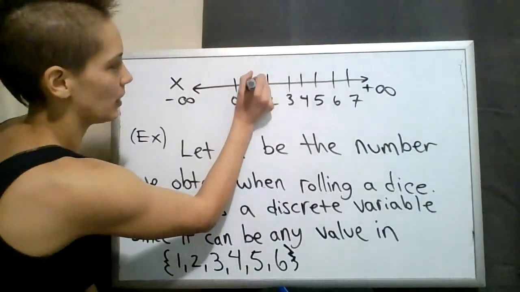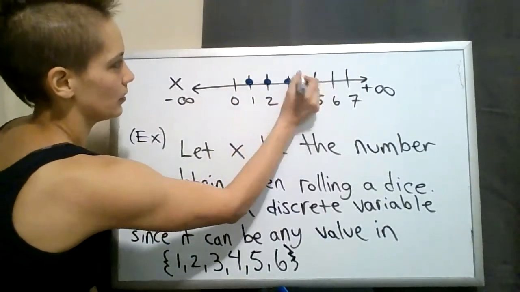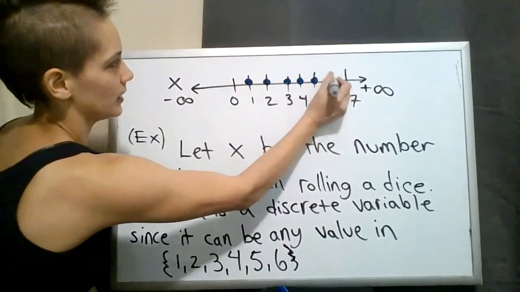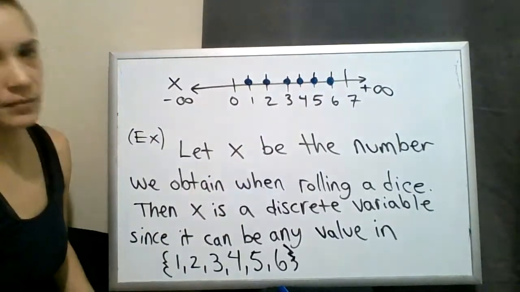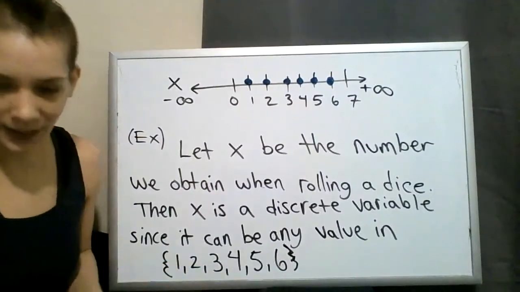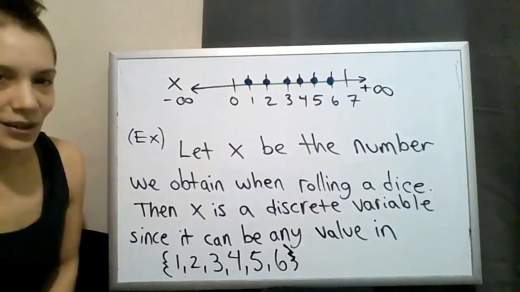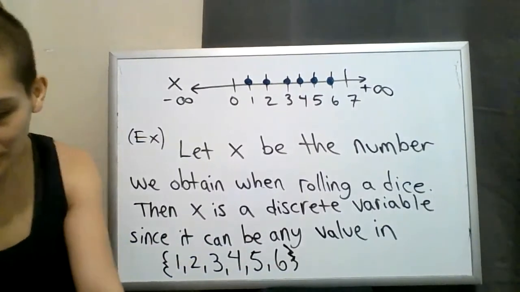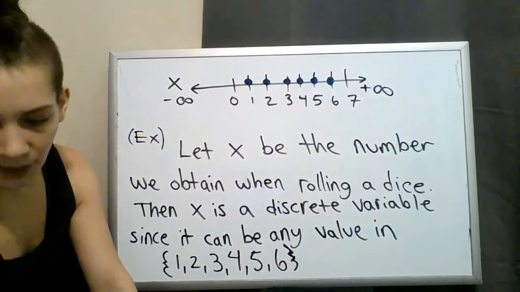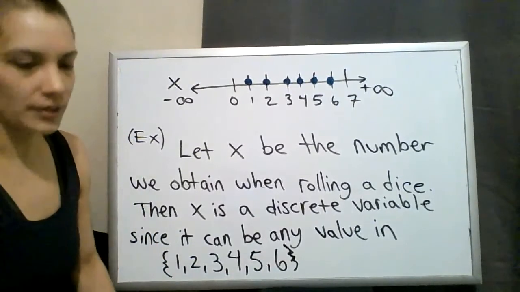So 1 is a possible value, so is 2, is 3, 4, 5, 6, but only those values for that variable. All right, next. In this example, a lab has 4 computers.